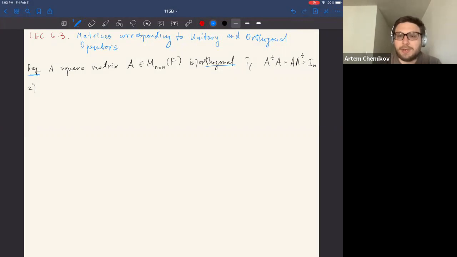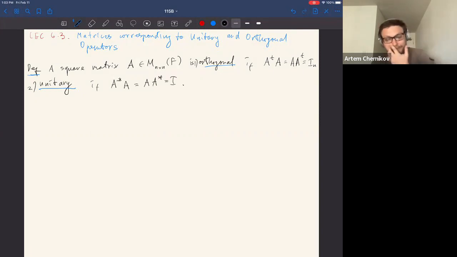And similarly, we will say that such a matrix A is unitary if we have that the conjugate transpose of A times A is equal to A times the conjugate transpose, or adjoint, is equal to I. Okay.